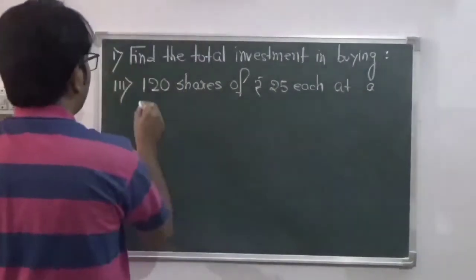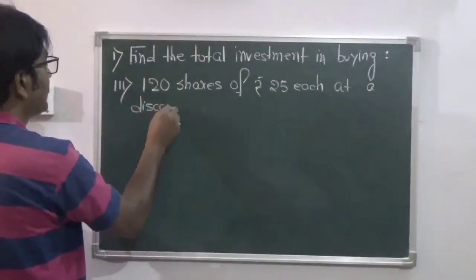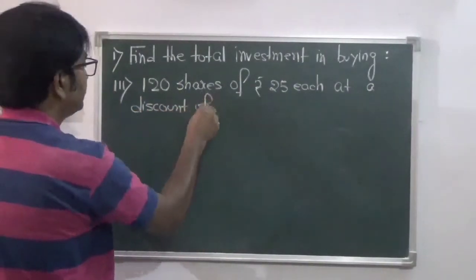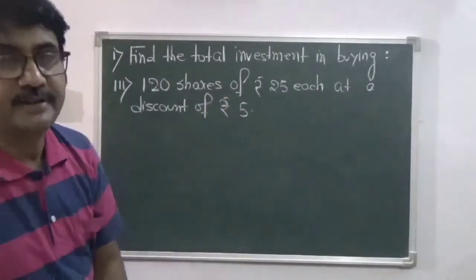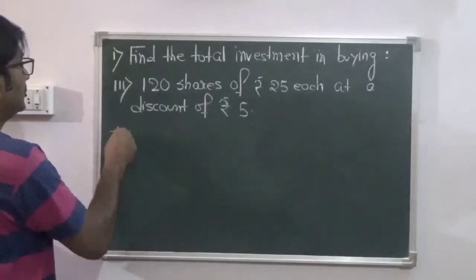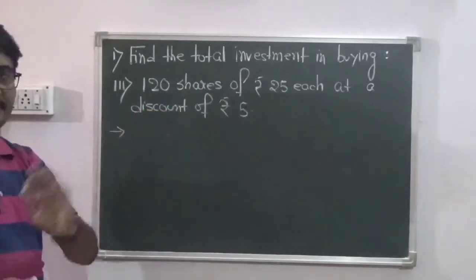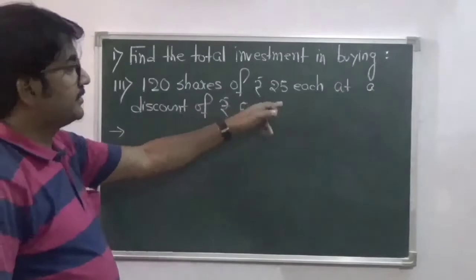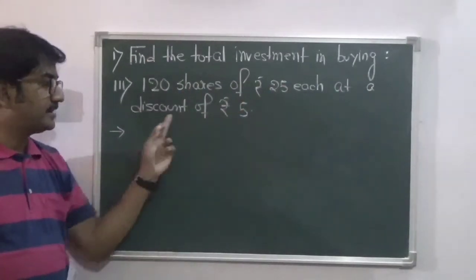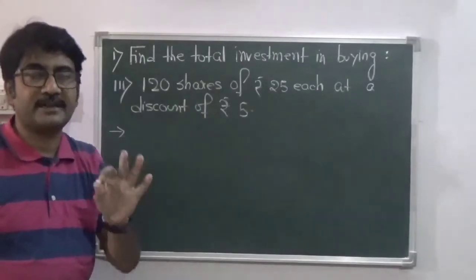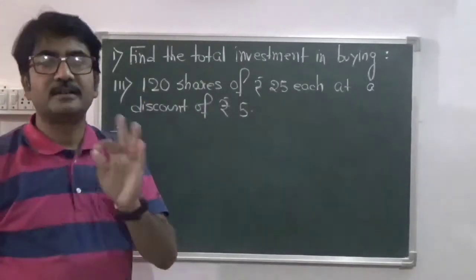Similarly we proceed here. 120 is the number of shares, of rupees 25 each. The face value is rupees 25, and it is available at a discount of rupees 5. That means the market value is less than the face value.